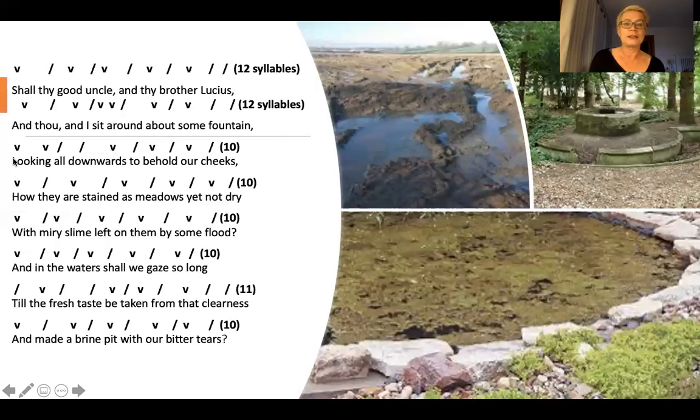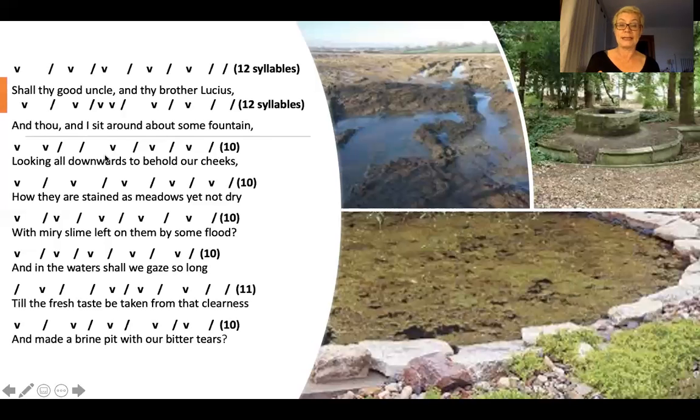Now you could scan this "looking all downwards to behold our cheeks," but actually what comes naturally is "looking all downwards to behold our cheeks." So what we've done there is we've just altered the scansion a bit. Instead of being dee-dum, we've got dee-dee, dum-dum.